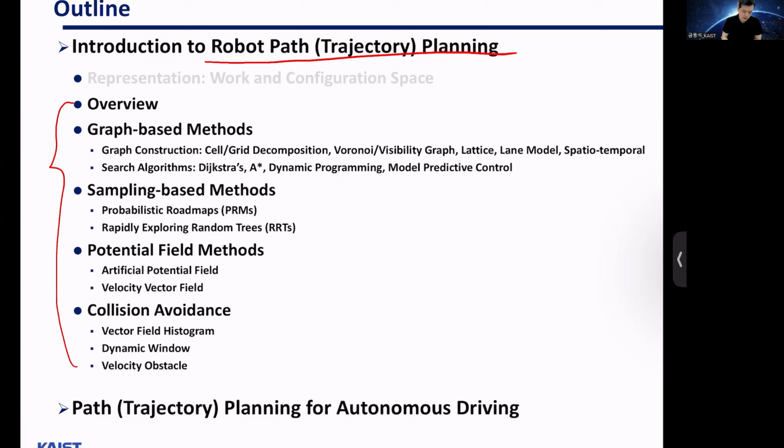And I will have 2 lectures on this topic. This is going to be part 1 of those 2 lectures. Today, I will cover up to here. And then part 2 will cover the rest of the section.